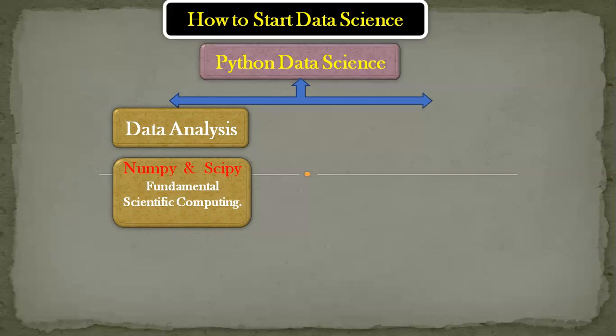If you want to extract, search, modify, or filter that particular data, then this concept is known as data analysis. Like you want to show your previous data, profit or loss, or you want to filter individual data. All these kinds of things are data analysis.